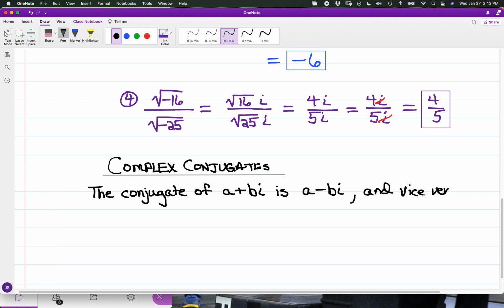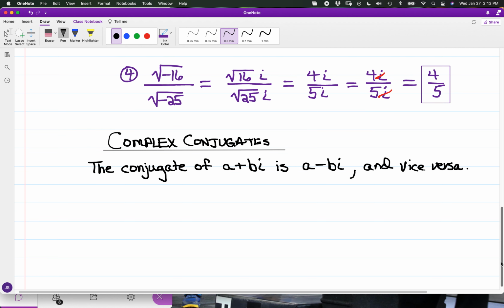Okay, so if you have an a term, that's going to remain fixed between the conjugates, but for the i terms, they are going to be additive inverses.